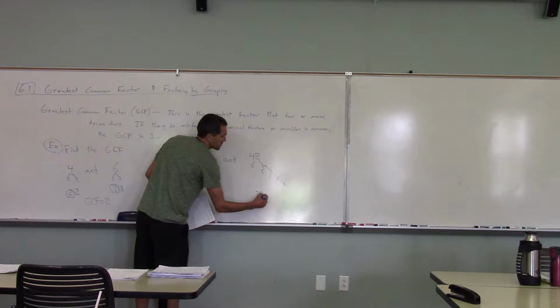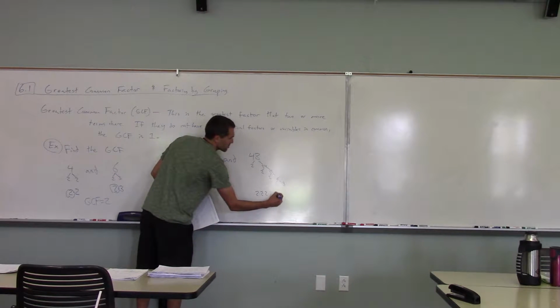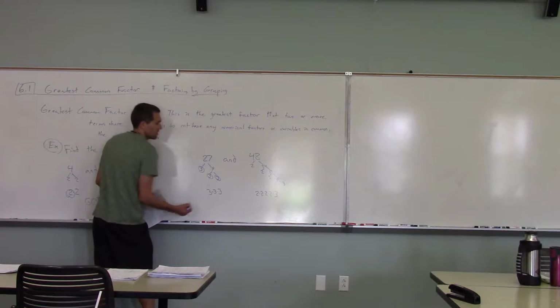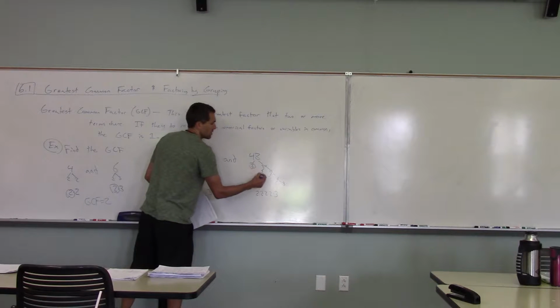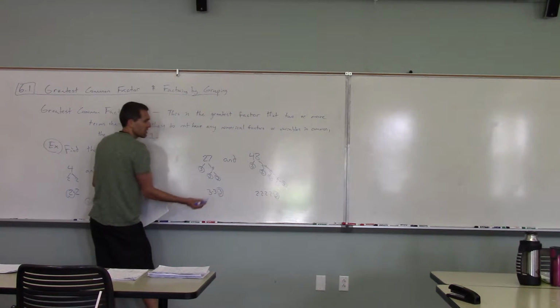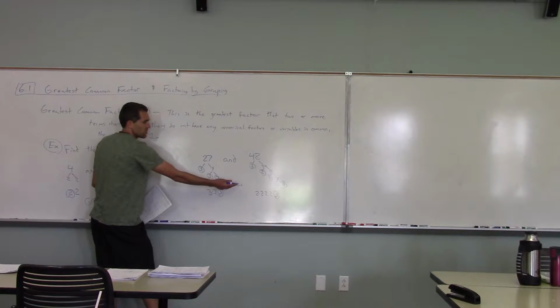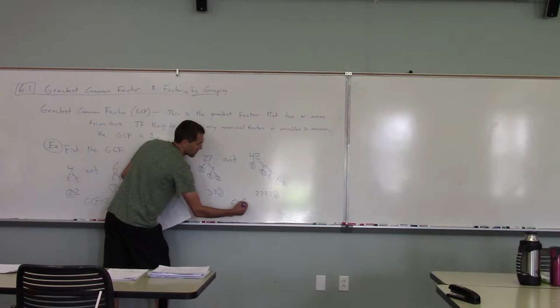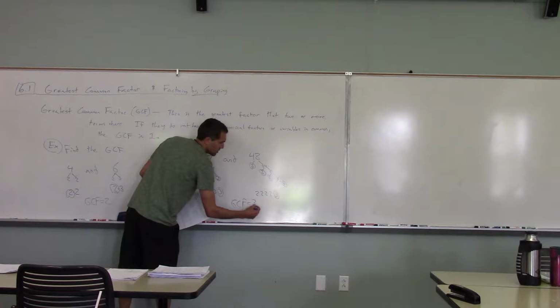So this is 2 times 2 times 2 times 2 times 3. And this is 3 times 3 times 3. So what do they have in common? Just a 3. As soon as you circle that 3, there's nothing else they got in common. 3, 3, 2, 2, 2, 2, 2, nothing else. So the GCF is 3.